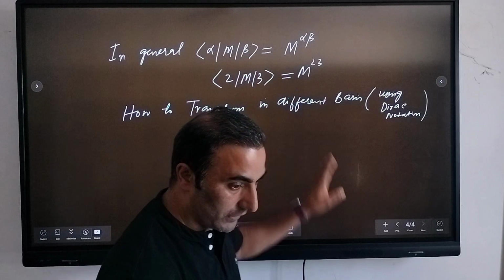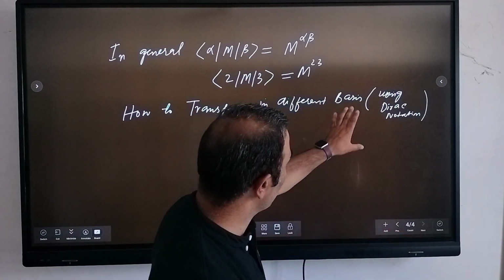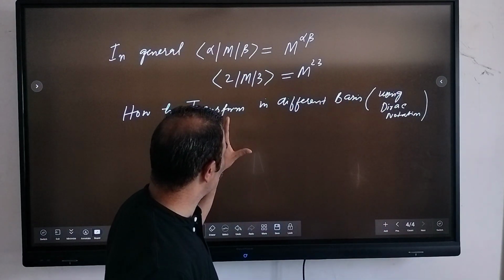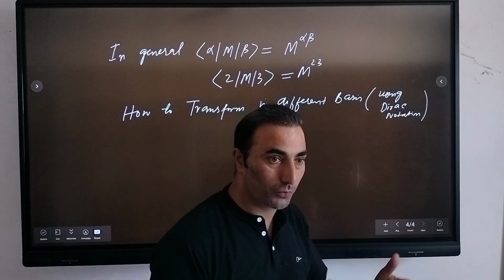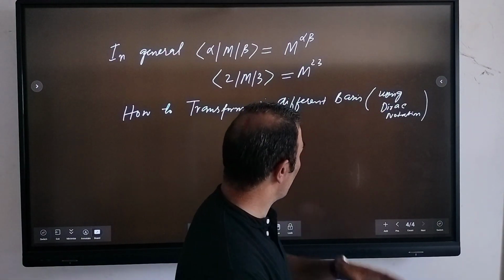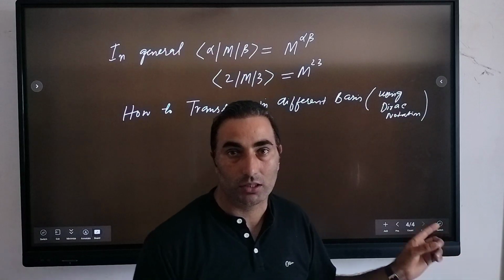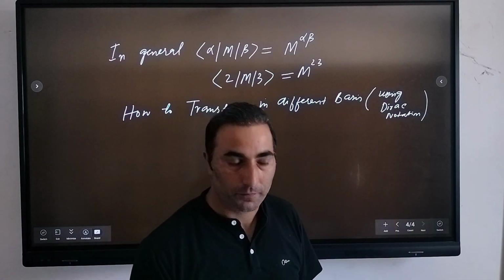Right, because this is that bracket notation, which is also called Dirac notation. So this is what I wrote here: how to transform in different bases, if I go from one basis to another one, right? So how to transform in different bases using this Dirac notation, right?